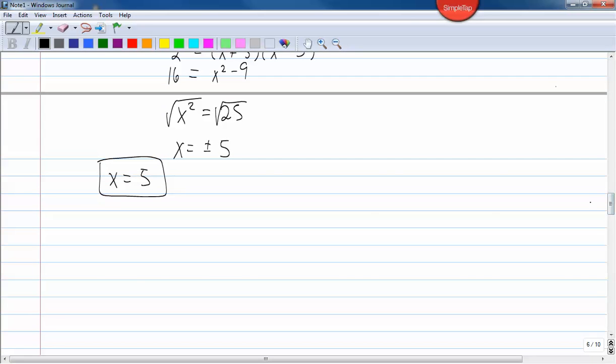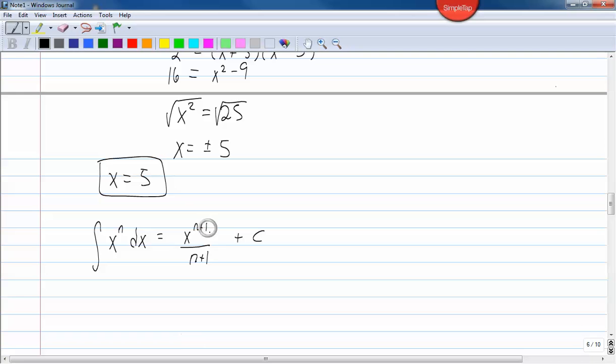Now just to give you a taste of what is to come in section 5.1, I want you to think about this. We went over the power rule for integrals, right? We said that if we're integrating something to a power, you add 1 to the power and then you divide by the new power. Alright?